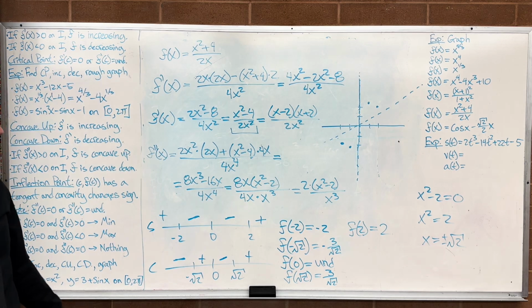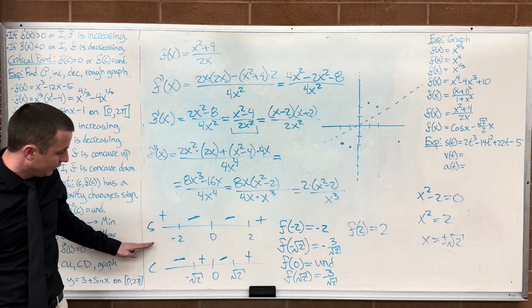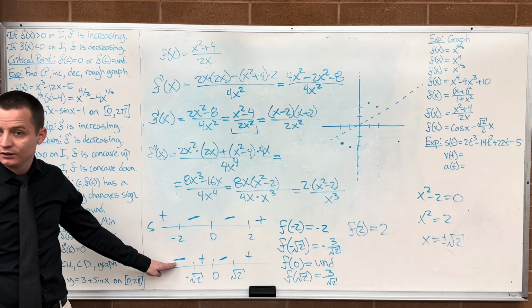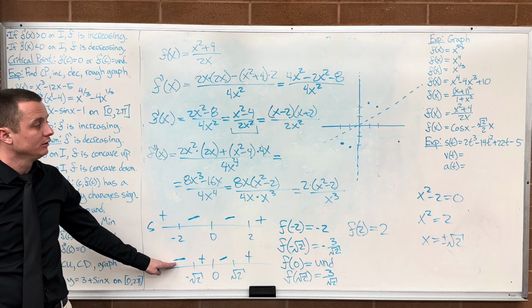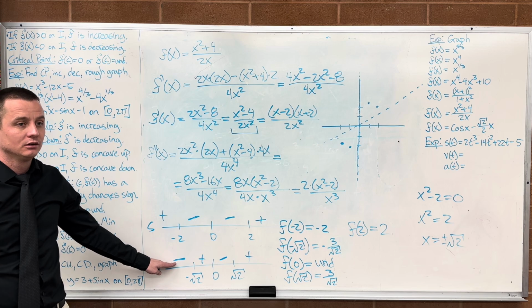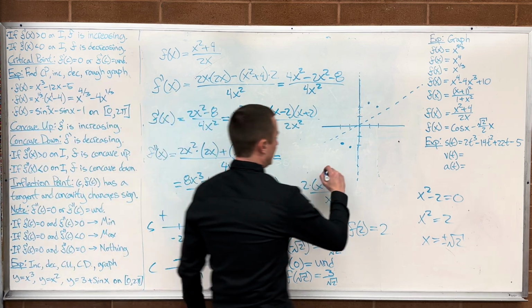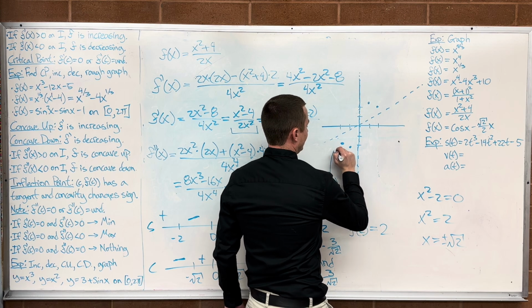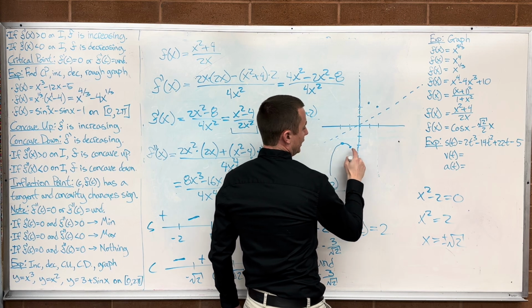Okay, so now, coming in from negative infinity to negative 2, I am increasing, and I'm concave down. Concave down, is that frowny face or smiley face? Frowny face. So I'm coming in like a frowny face, and I stay like a frowny face all the way until I get to that point.